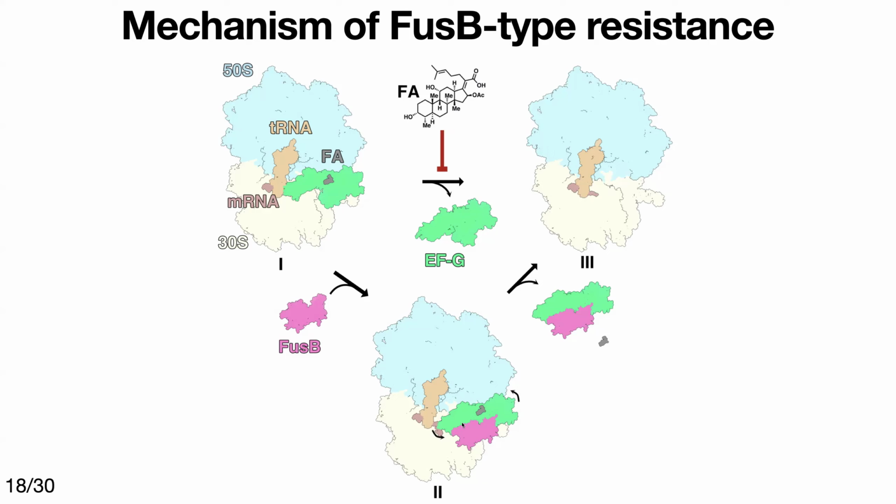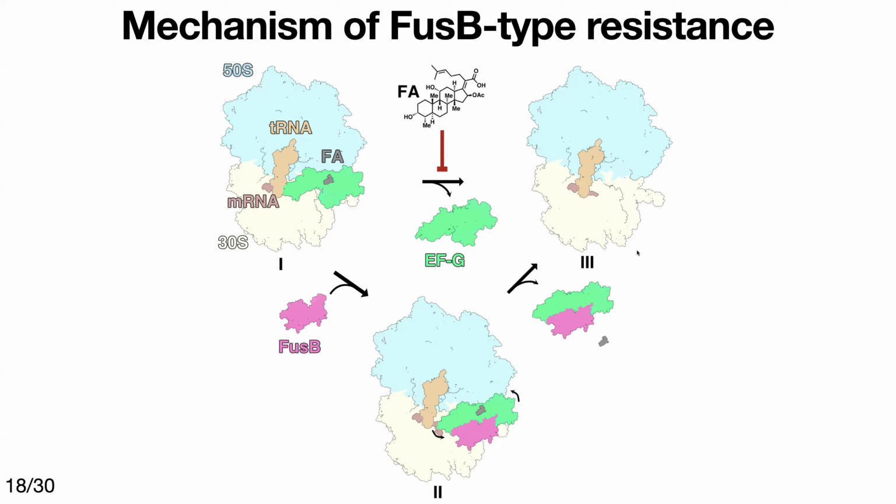It will bind to EFG and pry it off the ribosome, basically. Make this huge conformational change that makes it lose contact with the ribosome and get released. And as I said, fusidic acid is still present, and it will likely dissociate once they are in solution. So this clearly explains how ribosomes can be rescued by FusB.